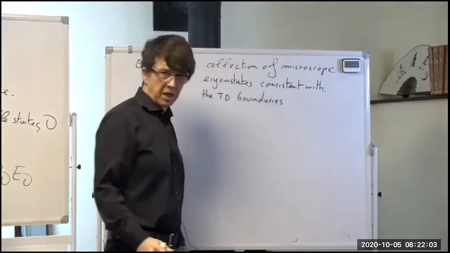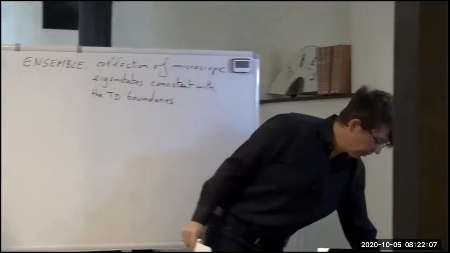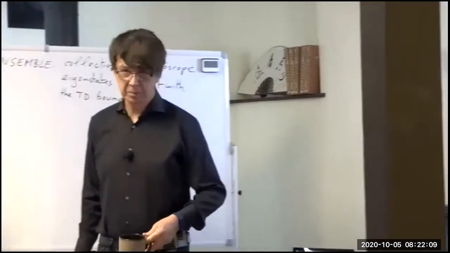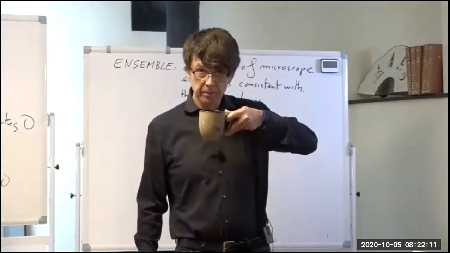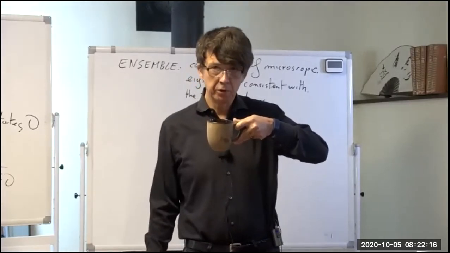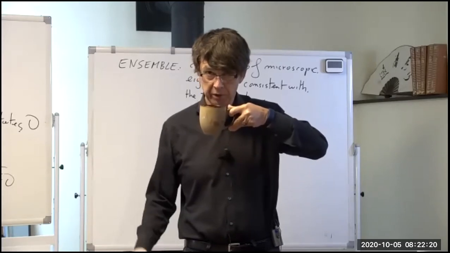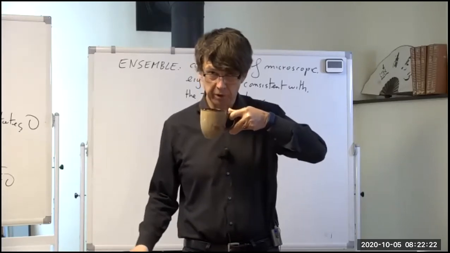I gave you some example of that last time, the particle in a box, right? So the thermodynamic boundary condition there was that the particle had to fit in a box. And we actually literally calculated the typical eigenstates that can fit in a particle with an infinite potential wall. So the particle cannot leave the box.